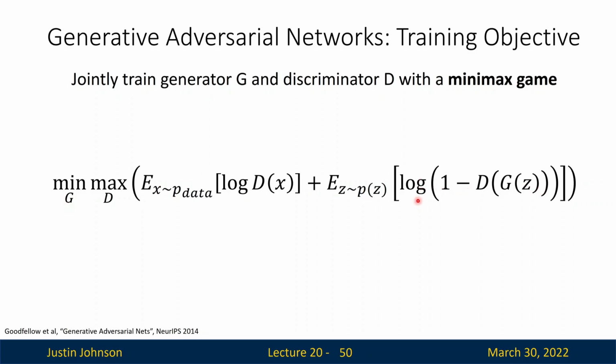With the log function, it will be a negative value. And here, x is the real image, so it will be checked by the discriminator.